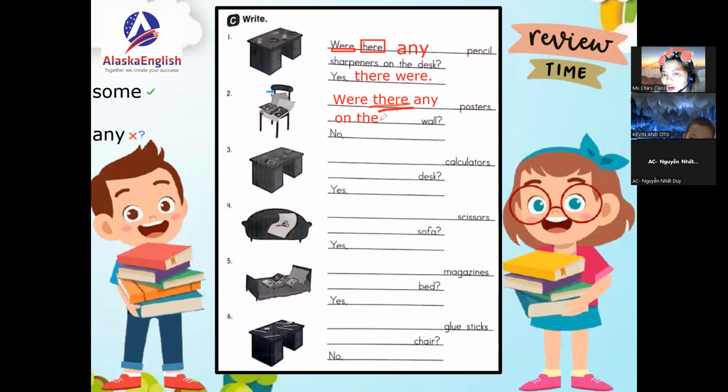No, there weren't. Yeah, negative. That's your clue. The word no indicates negation. Negative. No, there weren't.